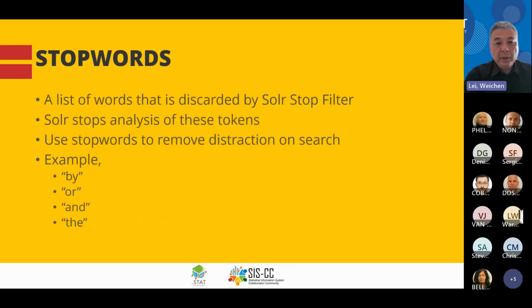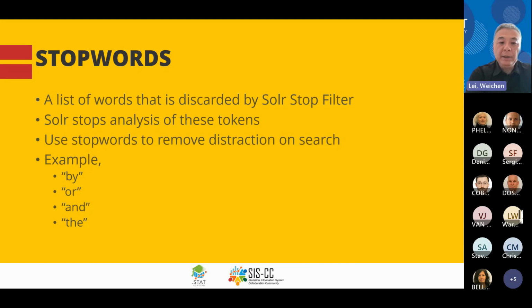The next area is about stopwords. In the current version, when you search a phrase, for example, employment by sex and age, your phrase may contain some very popular words, but they don't actually play a critical role in terms of search. These are called stopwords in Solr terminology.